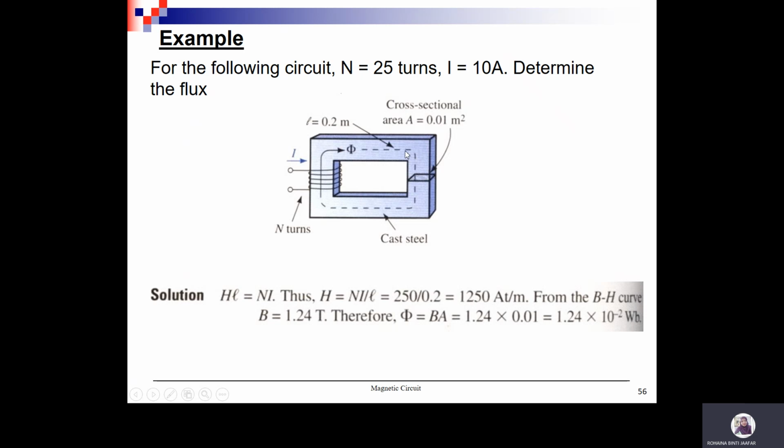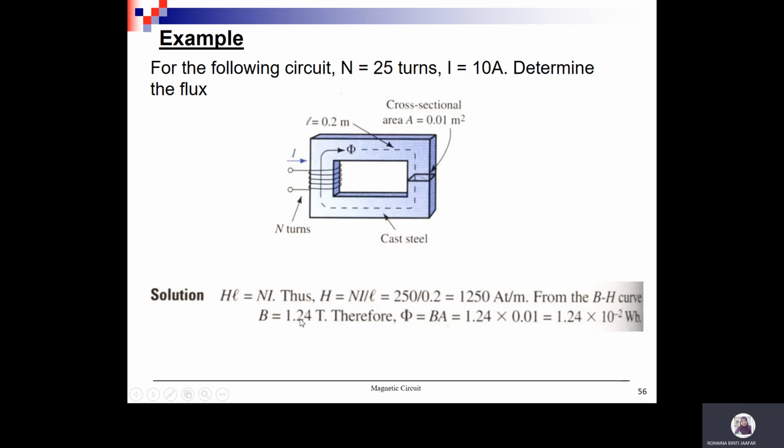The solution for this one: HL equals Ni, since you only have one material. So H equals Ni over L. N is 25, so 25 turns times 10, you get 250, over your length of 0.2 meter. So we get 1250 ampere turn per meter.